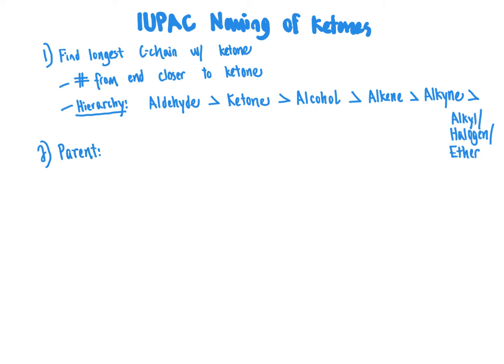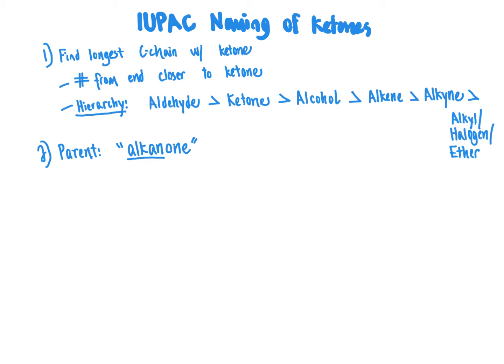So the parent name follows the template of the alkane, where you replace the alkane part with the indicator of how many carbon atoms are in that chain. For instance, butanone would have 4 carbons in the chain, and somewhere along that chain it would be a ketone group.